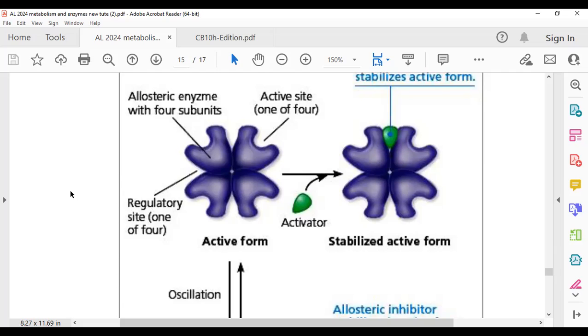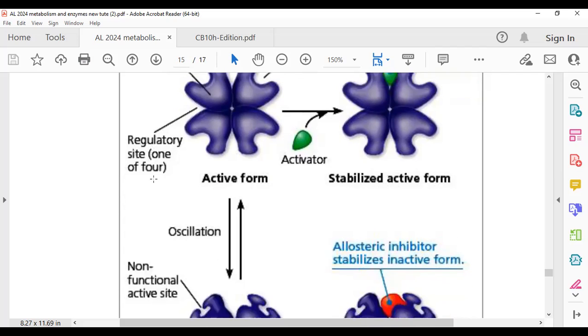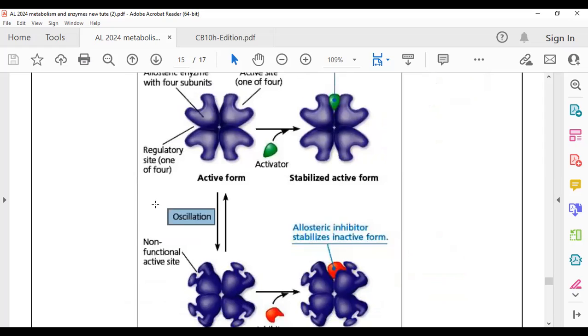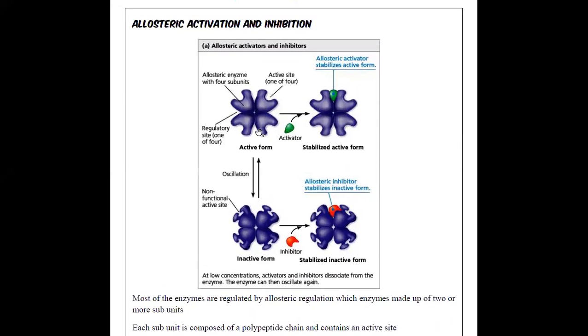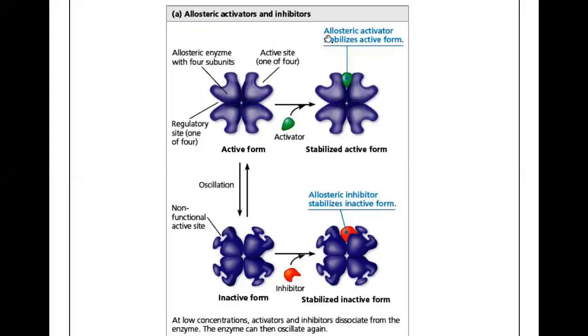Now, another property of allosteric enzymes we are going to speak about here. Which property? Oscillation property. Oscillation means moving, correct?